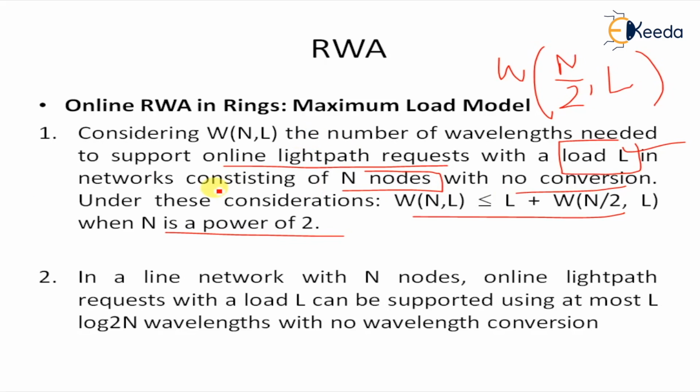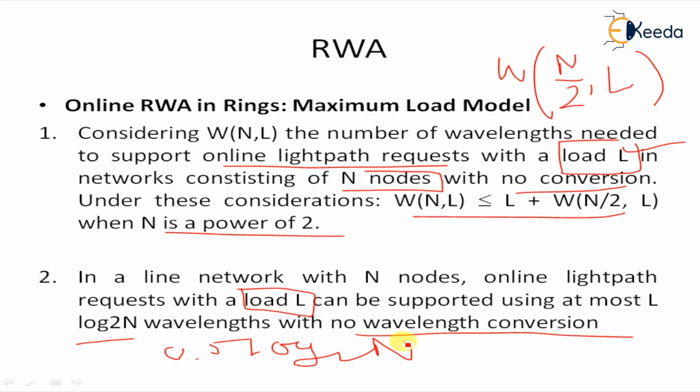Point two: in a line network with n nodes, online light path requests with load L can be supported using at most L log2 n wavelengths with no wavelength conversion. The algorithm implied by this theorem is quite efficient, and it is possible to come up with a light path traffic pattern for which any algorithm requires at least 0.5 L log2 n wavelengths.